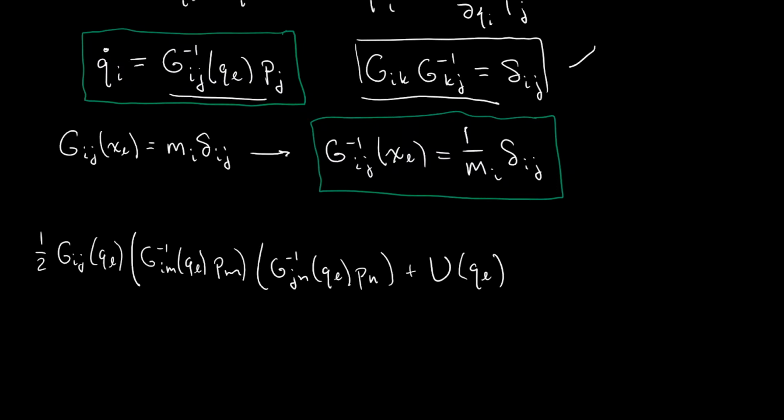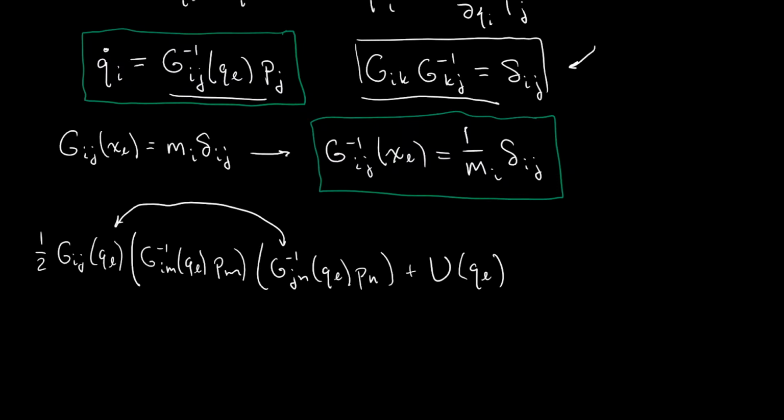Plus U of q^l. Now, again, remember this expression here, and you see that when I pair up, I could pair up either one of these, but one of these is going to combine to give me just a Kronecker delta. In this case, it's a Kronecker delta with i and n.